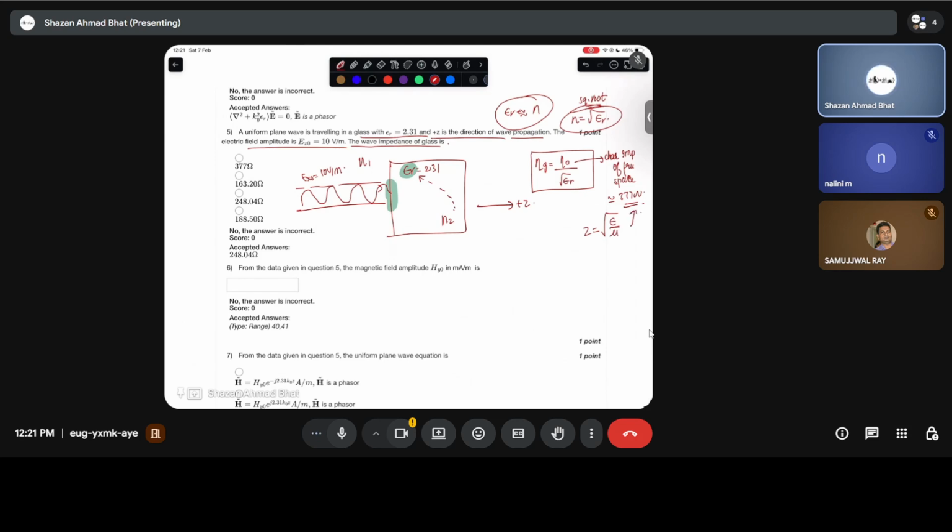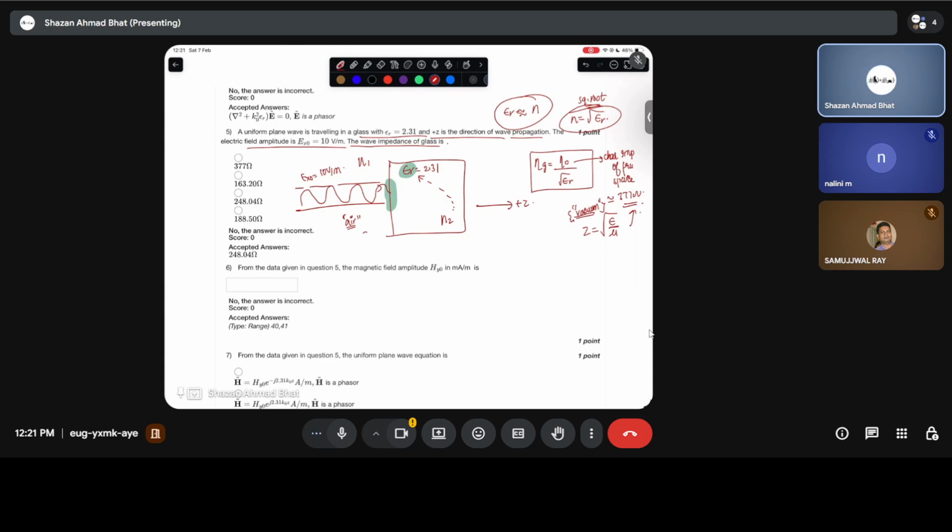This is the impedance presented by the vacuum, because electromagnetic waves can move in vacuum, to the electromagnetic wave propagation.